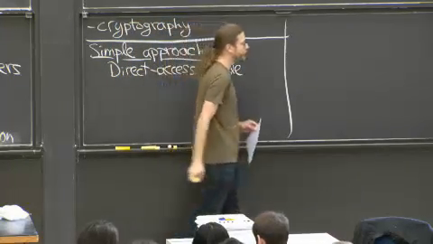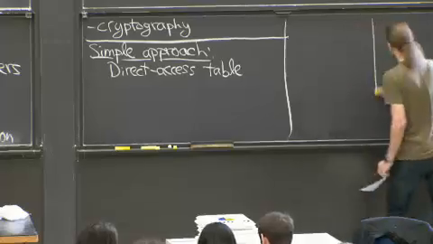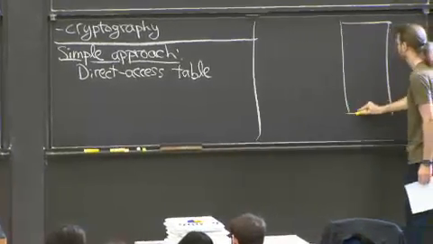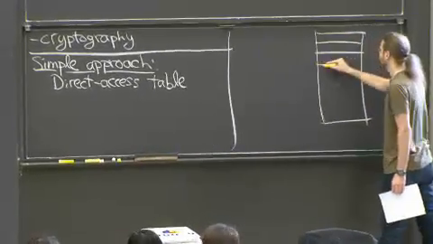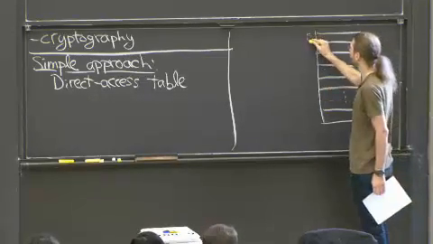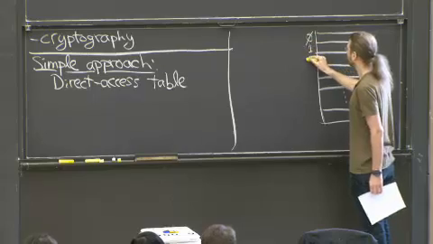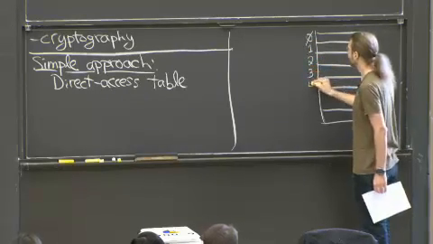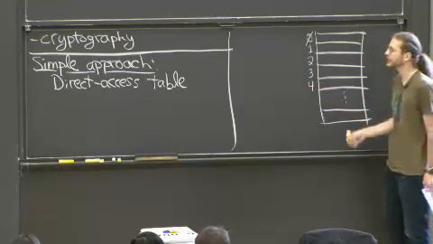So the really simple approach is called a direct access table. So it's just a big table, an array. The index into the array is the key.